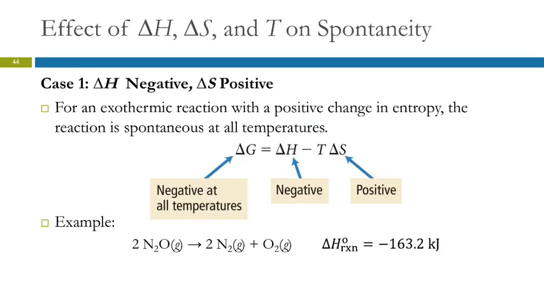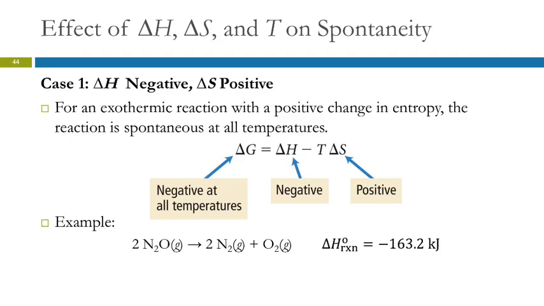So we're going to look at a couple of different cases where we're looking at different signs of H, S, and T. So if we have a negative delta H and a positive delta S. So negative delta H means that this is an exothermic reaction, it's releasing energy into the surroundings. Positive delta S means we have an increase in entropy. So both of these things suggest that this is going to be a spontaneous process.